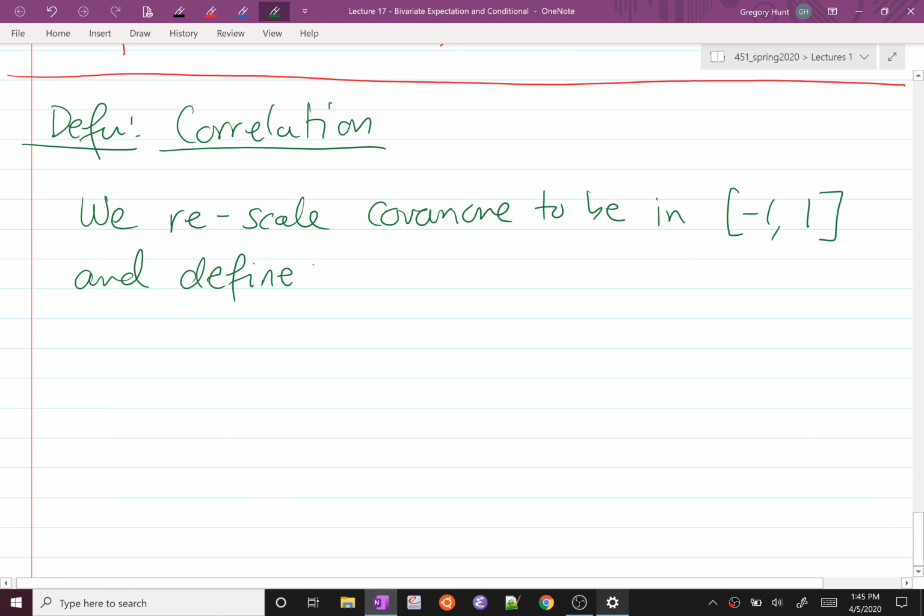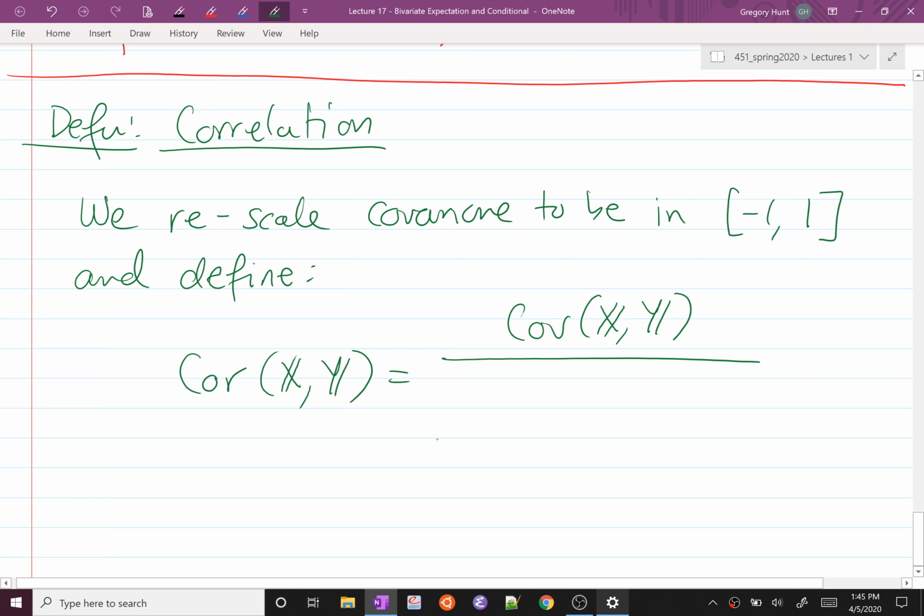So the correct way to define this is that correlation, which we denote as COR of x and y, is defined as follows: we take the covariance of x and y and we divide through by the square root of the variance of x times the variance of y.